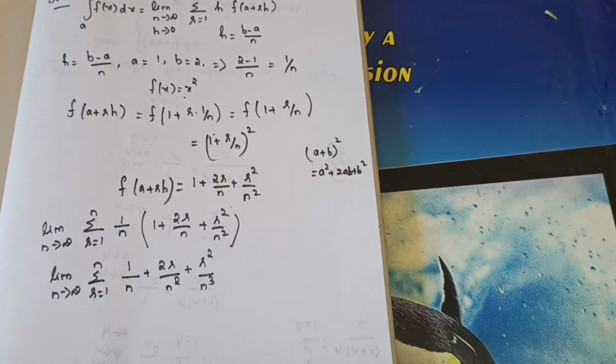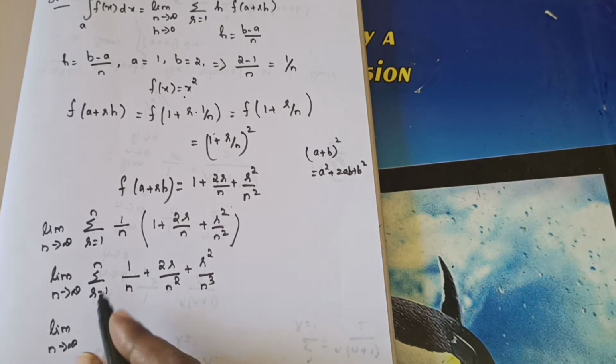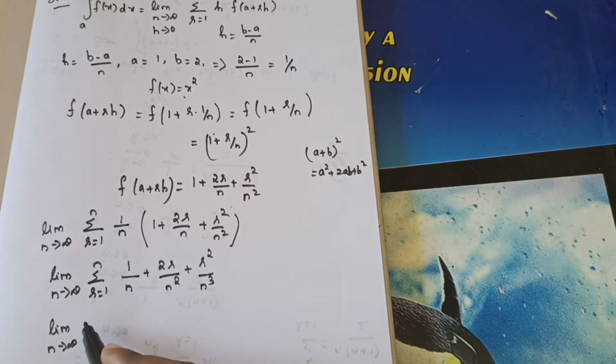I multiplied that 1 by n inside. So that's equal to limit n tends to infinity, summation r equal to 1 to n. Before that, constants, everything we will take outside. So what will happen?